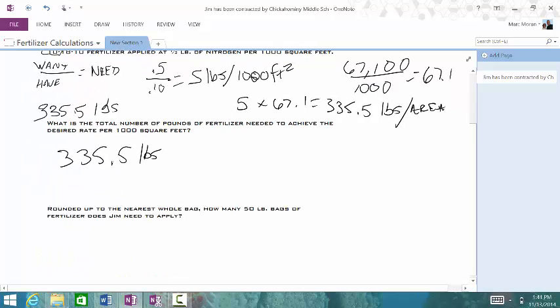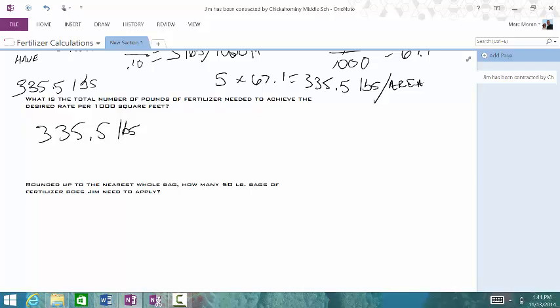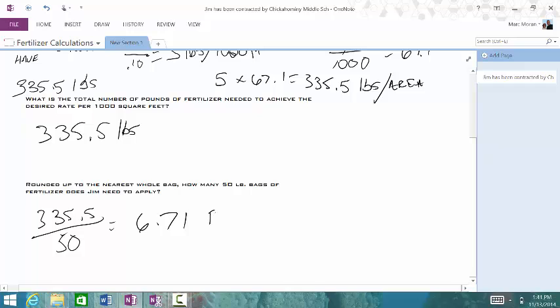So if we were in a situation where we could only buy 50-pound bags of that fertilizer and we weren't buying it loose, like a tractor-trailer load wouldn't show up and dump out 335 pounds for us, we'd have to convert that to the number of bags. Well, typically, the standard bag for fertilizer when it comes to ag or commercial grade fertilizers is a 50-pound bag. So we take 335.5, divide that by 50, and that gives us 6.71 bags.